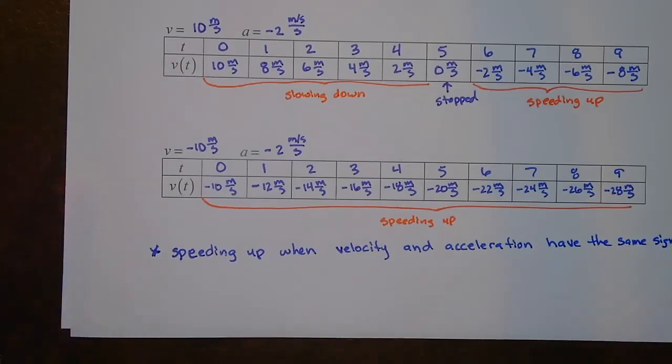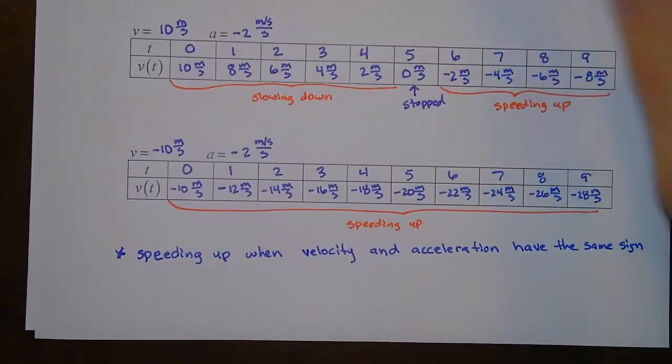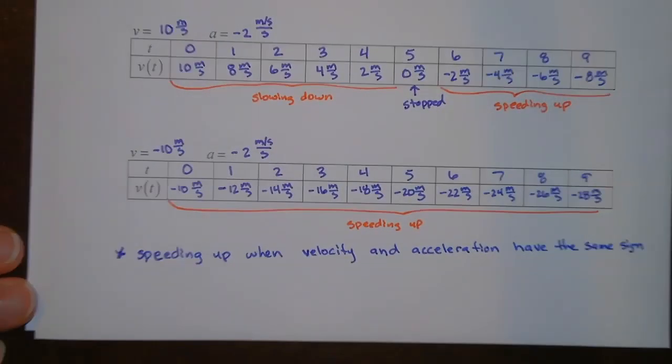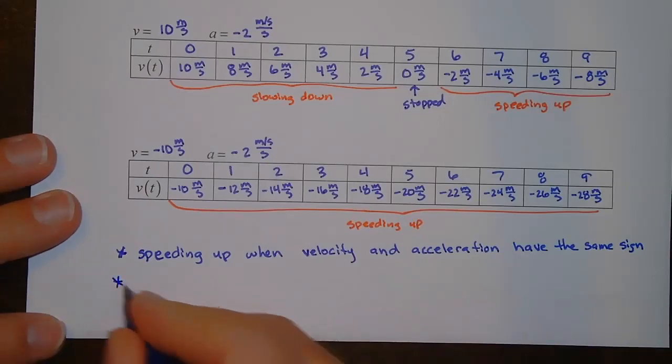So they're either both positive. Let me slide this over just a little bit so you can read it. So they're either both positive or they're both negative. So if both the velocity and the acceleration are both positive, or the velocity and acceleration are both negative, we know it's speeding up.